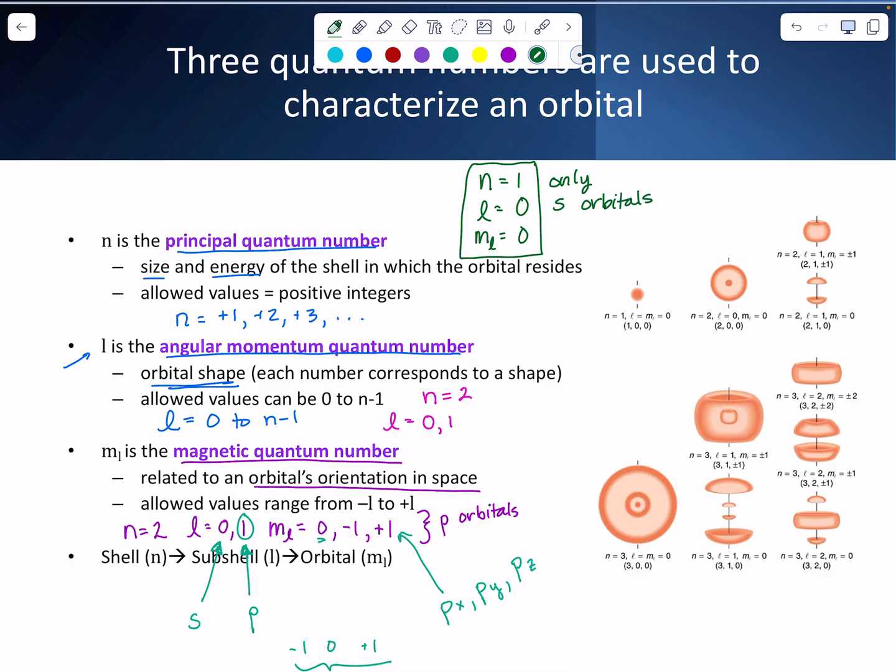As we get more electrons in our system, as they have more energy, we're going to have higher n levels, and we're going to have more orbitals. So when we get to n equals 3, these L values and M sub L values, we're going to get more of those.